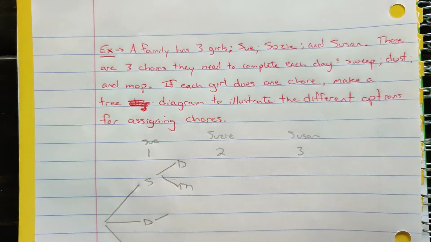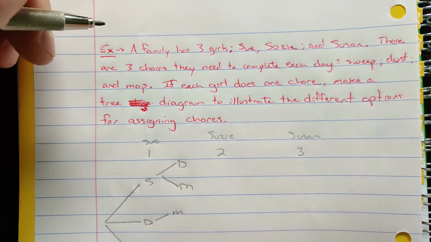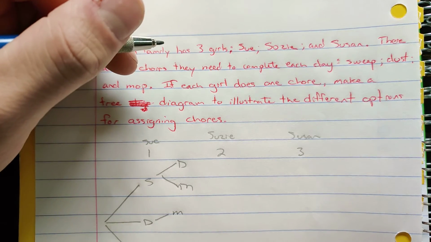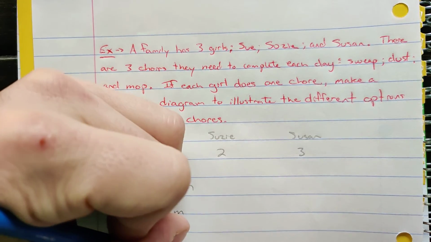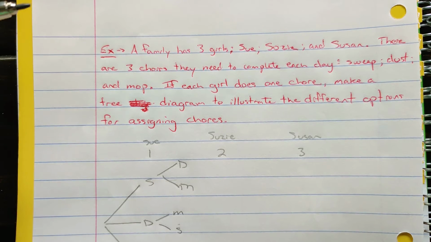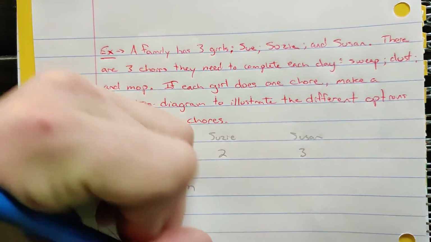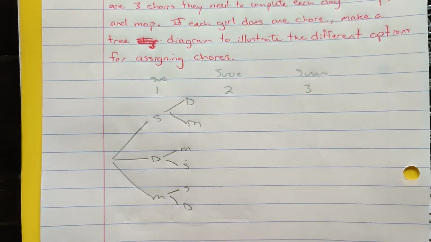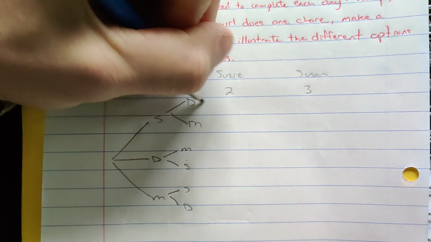If Sue picked dusting, then it would be mop or sweep. And then if she picked mopping, then Susie would have a choice of sweeping or dusting.